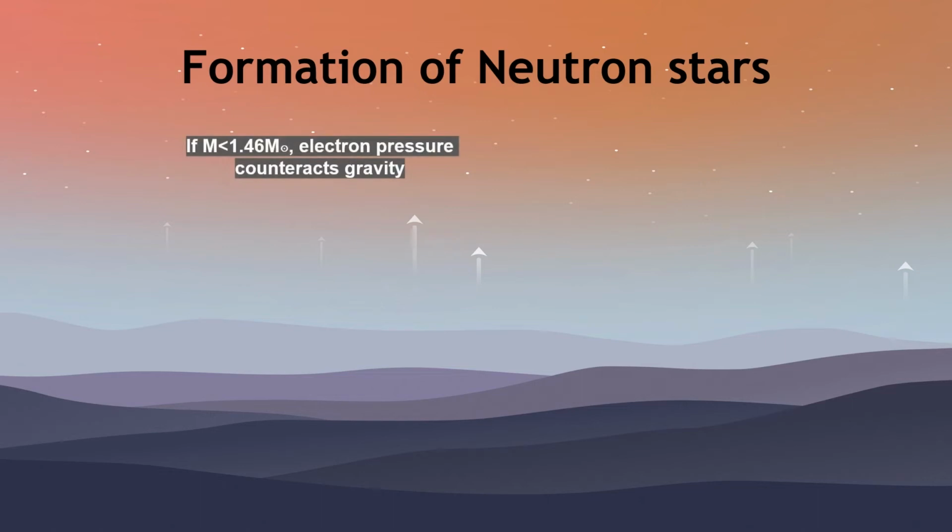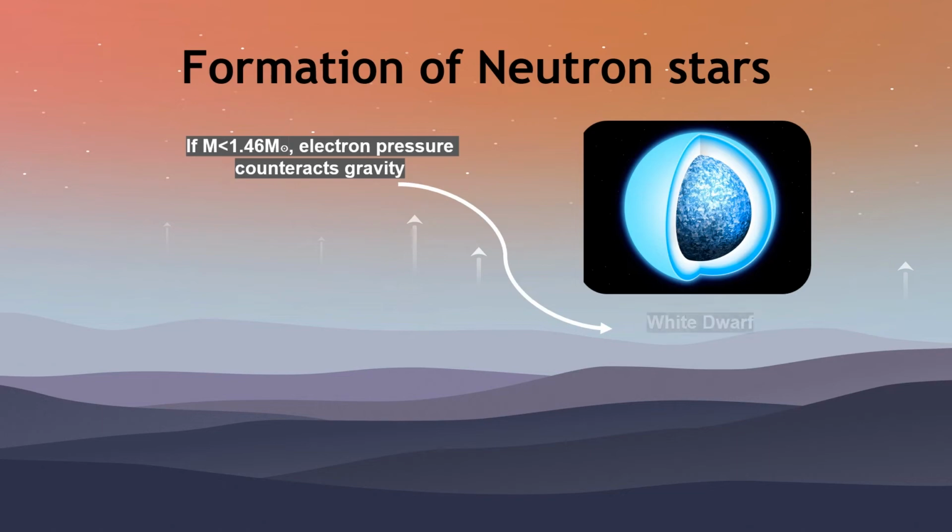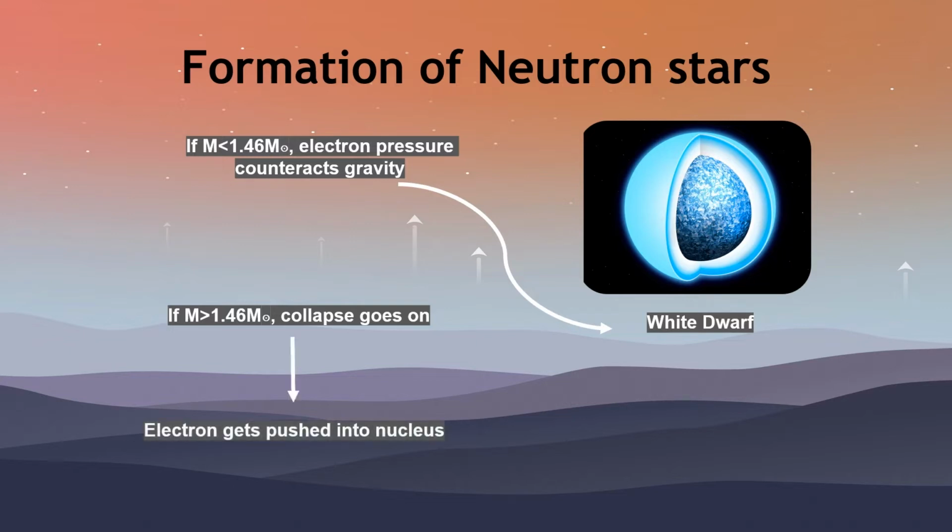If the mass of the star is less than 1.46 solar mass and electron pressure successfully withstands the collapse, we get a white dwarf. However, if the star's mass exceeds this limit, the contraction continues until the electrons get pushed into the nucleus.